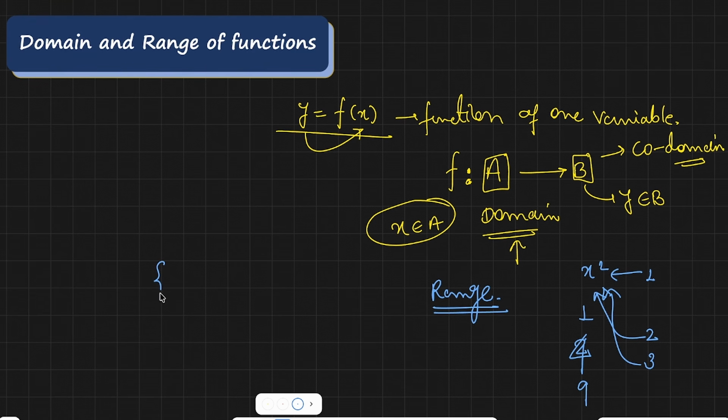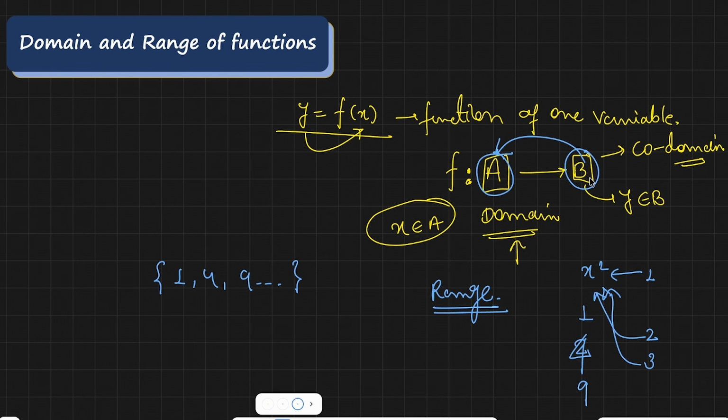If I write all these exact outcomes in a set, this set is known as the range set for this function. So keep in mind, this is called the domain, this is the codomain, and the elements within the codomain which have a pre-image, basically which are related to the domain, are called the range of this function. This is all about a function of one variable.